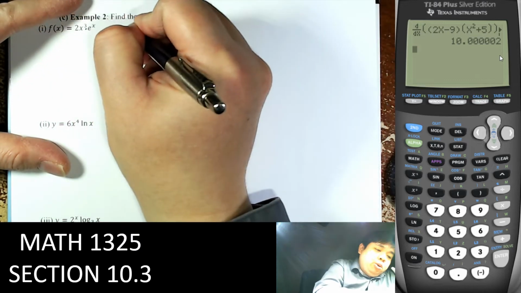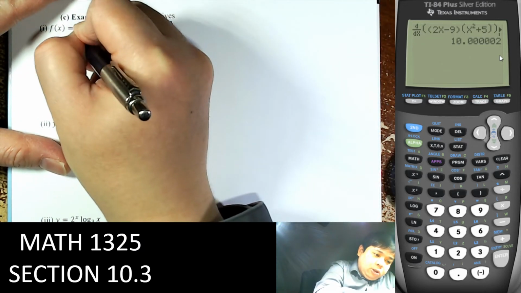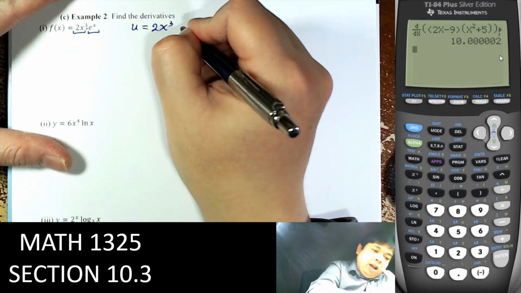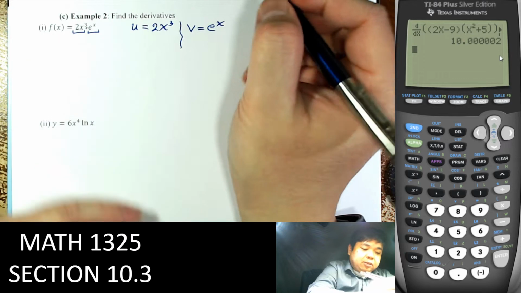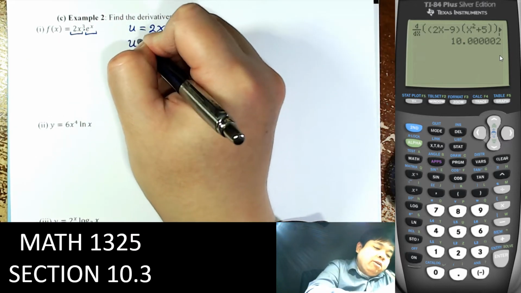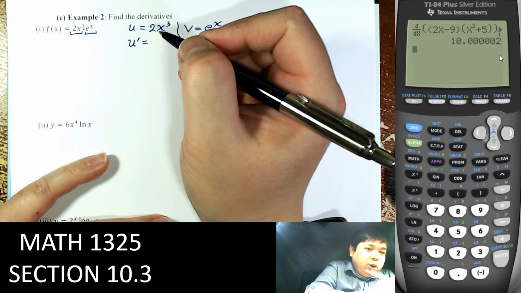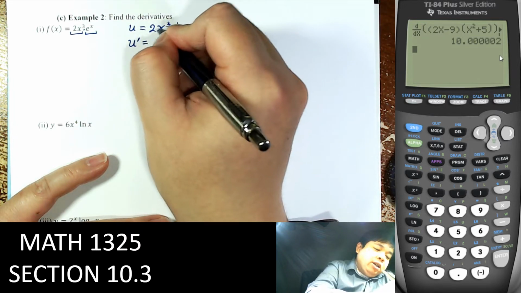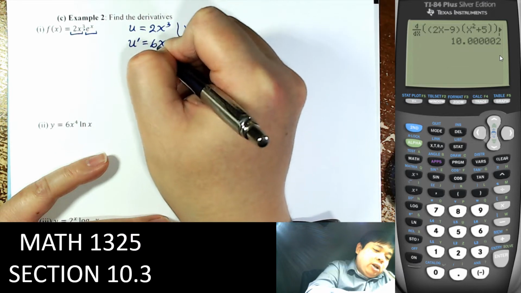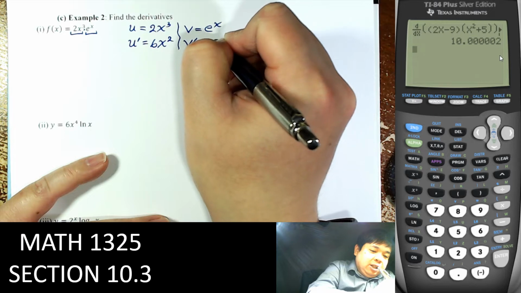We say u is 2x cubed and v is e to the x. The derivative of u is going to be 3 times 2x squared, so 6x squared. The derivative of v, e to the x, is e to the x.